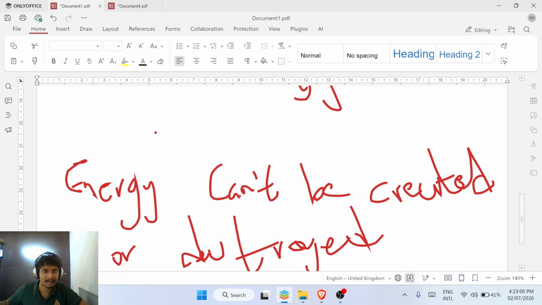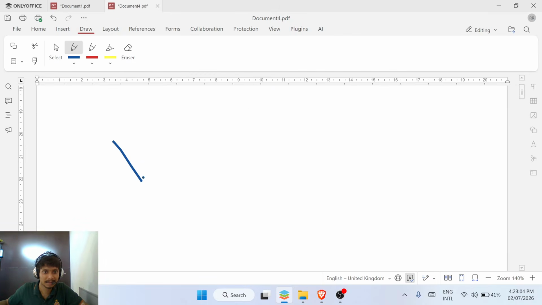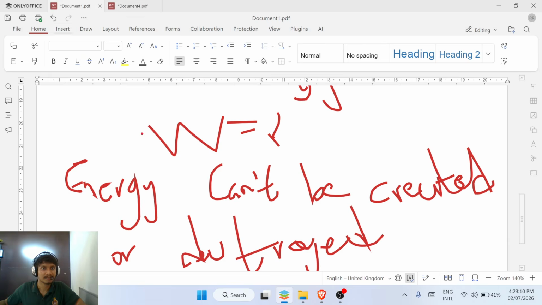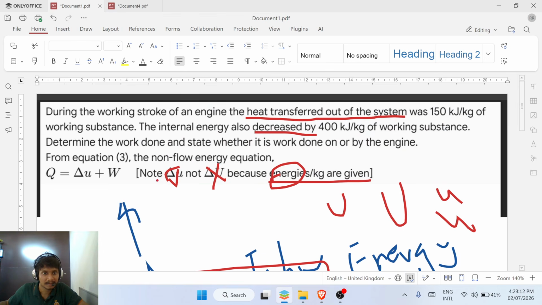Determine the work done. They ask what is W. Determine the work done, and state whether it is work done on or by the engine.